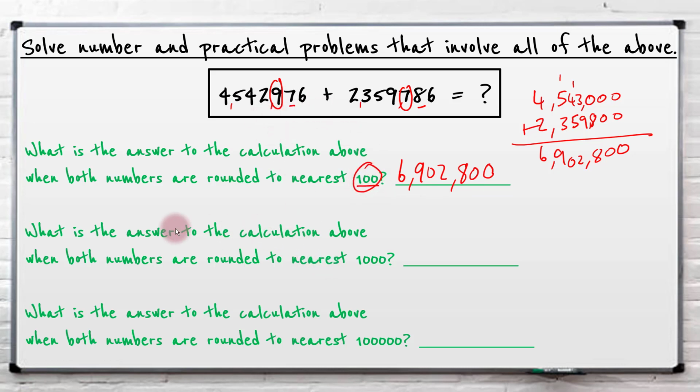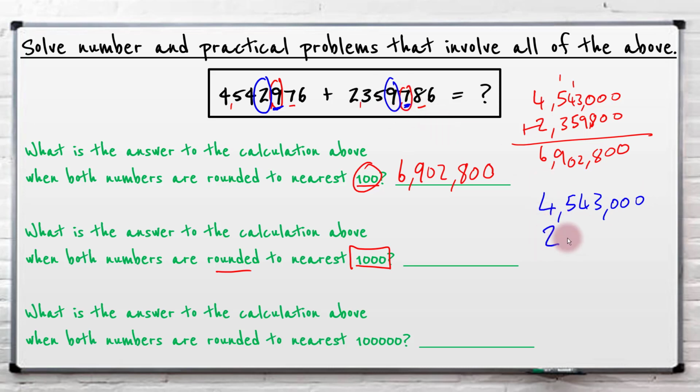Let's do the same again. What is the answer to the calculation above when both numbers are rounded to the nearest 1,000? Okay, different number, but we will just round it to the nearest 1,000 this time. Find the thousands. Look at the one before. So this will round up. So it'll be 4,543,000, and everything after becomes a 0. Thousands. This will round up again.